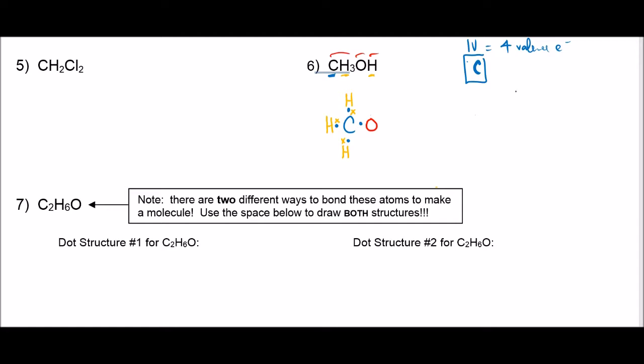Here's an O. How many dots for an oxygen? Look at the periodic table. Column VI is Roman numeral 6. So 6. 1, 2, 3, 4, 5, 6.